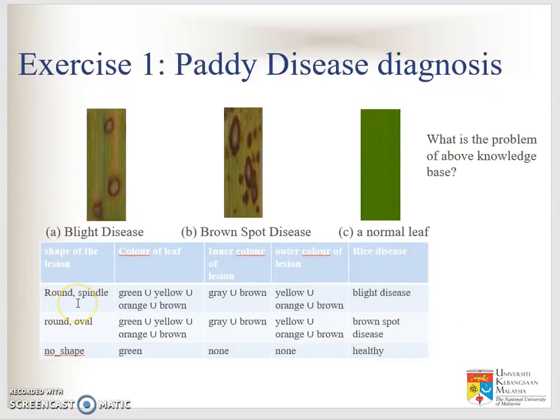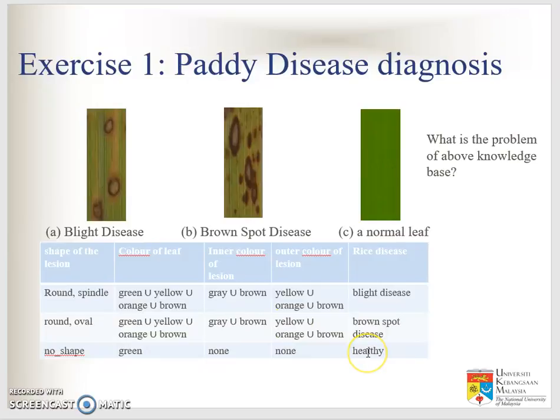If the shape is round or spindle and the color of leaf is green or yellow or orange or brown, the inner color of the lesion, you see here there's an inner color, grey or brown, and the outer color is yellow or orange or brown, we call that a blight disease. Similarly with the brown spot disease, you can read out all the specifications here.